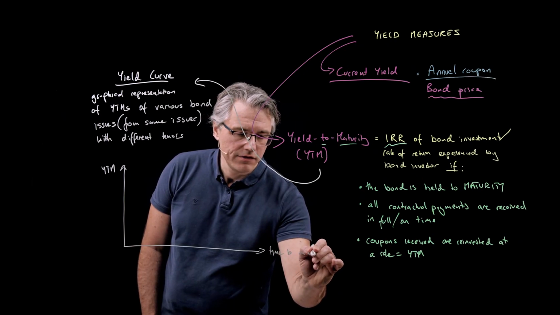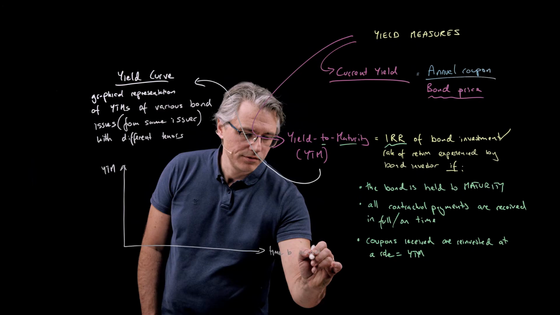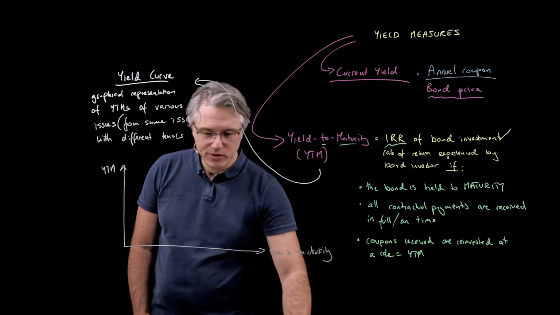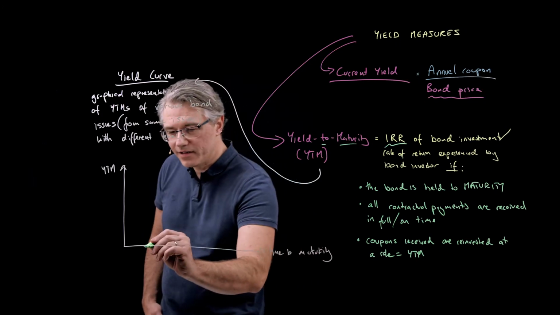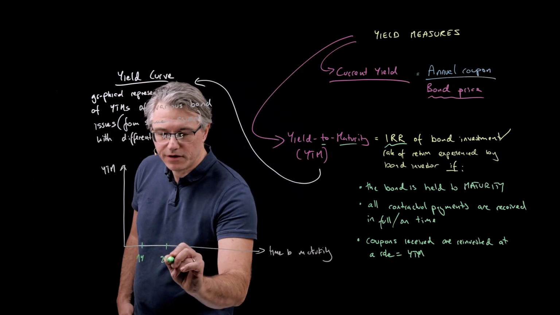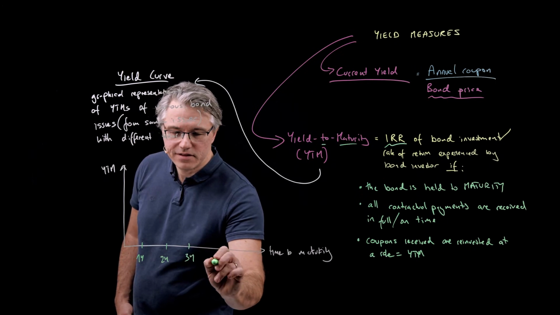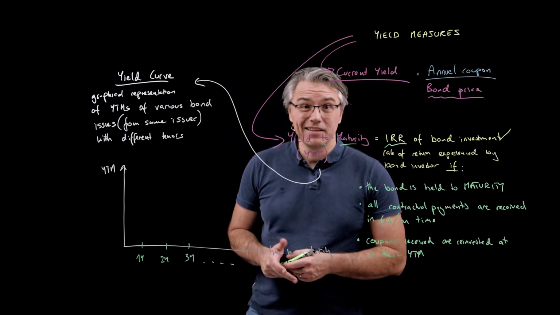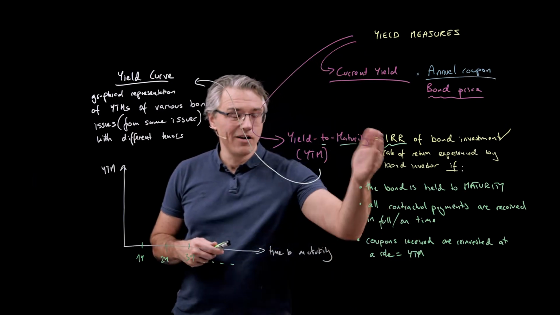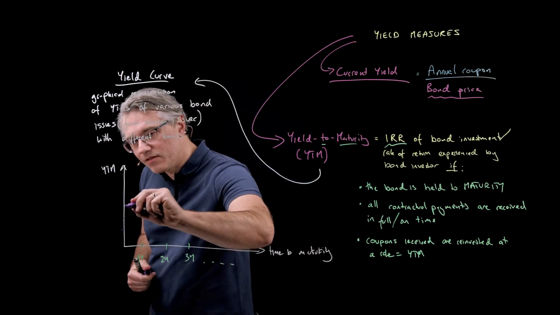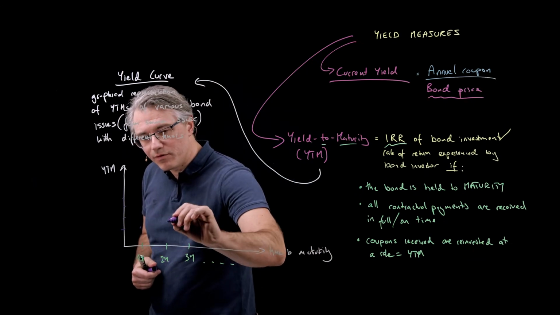And for different bond issues, you would plot their time remaining to maturity, maybe 1 year, 2 years, 3 years, and so on, and how much yield we get given the IRR computation. So thanks to this, you'd be able to plot certain points on this chart.